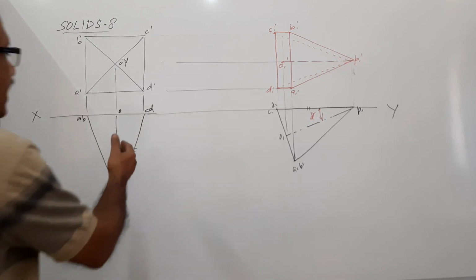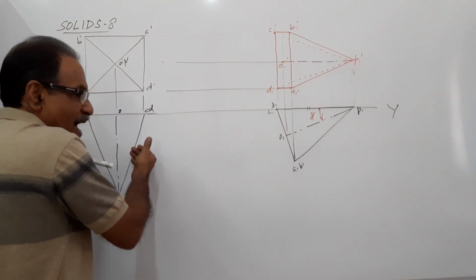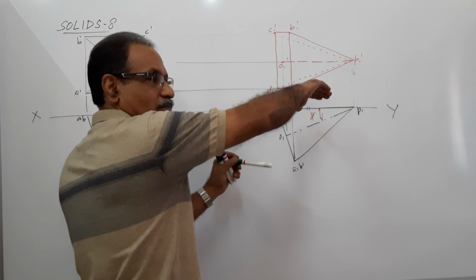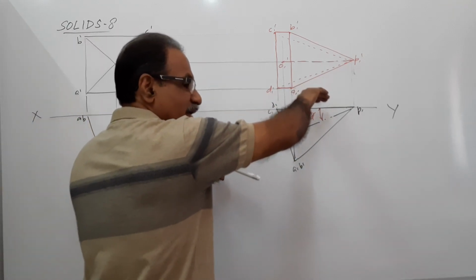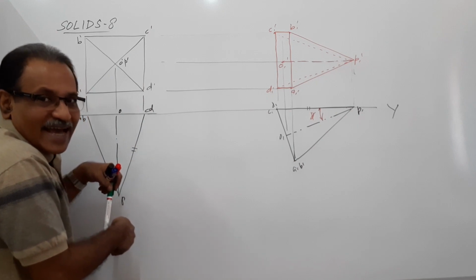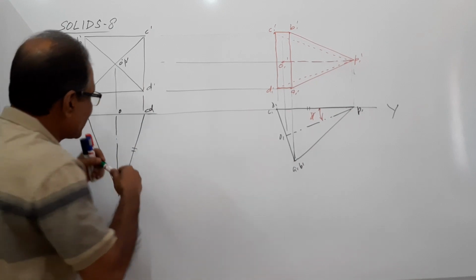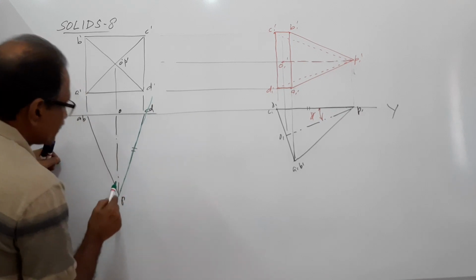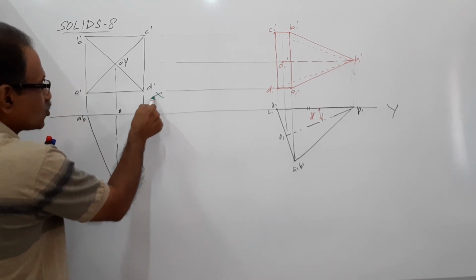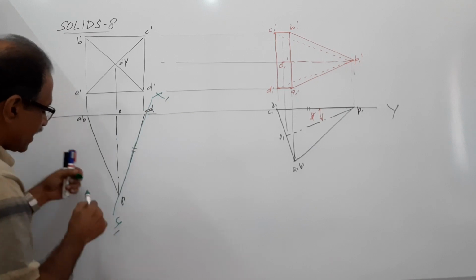Instead of bringing the pyramid's plan onto XY with CDP on XY, I bring XY onto the line CDP. So where is XY? This is XY, or rather X1, Y1. I will put X1 there and Y1 here. Why?